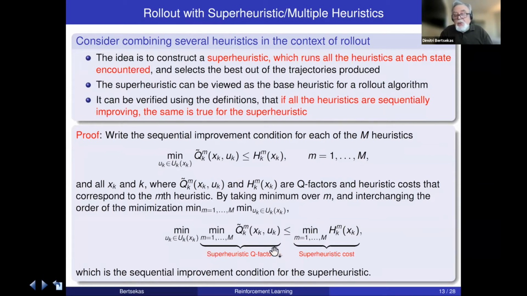So this is the Q factor corresponding to uk for the super heuristic, and the minimum of these Q factors is less than the cost of the super heuristic. And this is the sequential improvement condition for the super heuristic. And this is the end of the proof. This is a legitimate proof that sequential consistency is maintained as you pass through the super heuristic, and therefore also the cost improvement property.